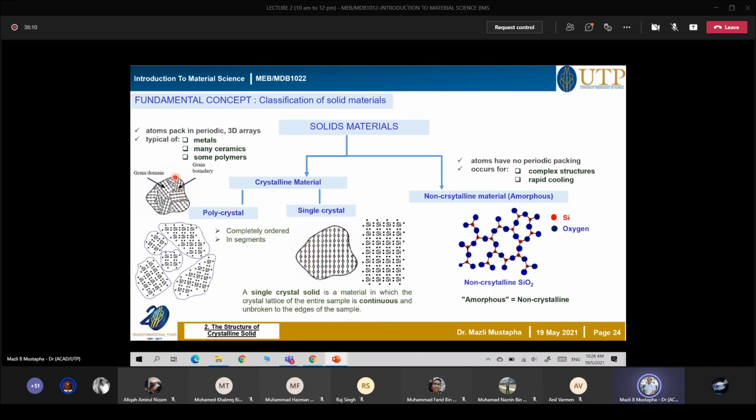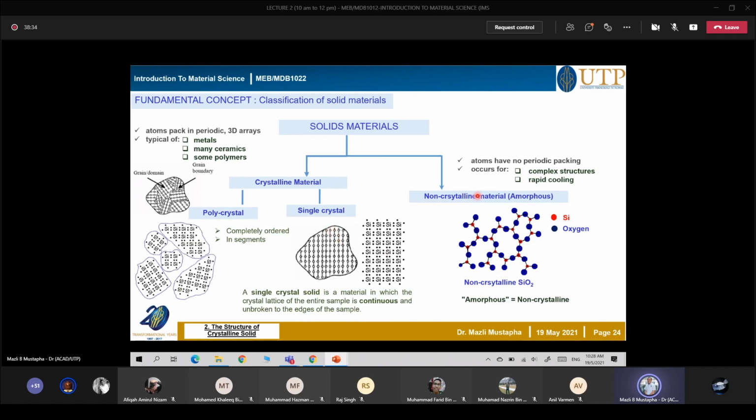Unlike this one, which has many grain boundaries, this has only one grain. In your third year engineering materials, you will find the importance of having this single crystal. Although it's a very expensive process, depending on the application, we need this type of property.